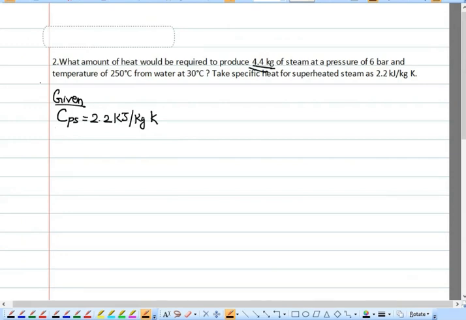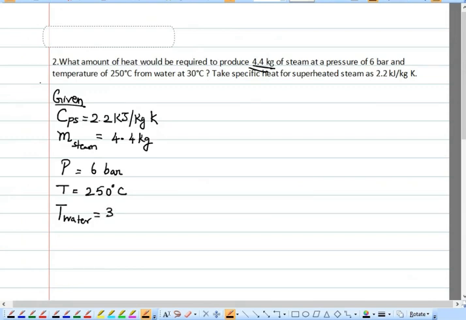So this is the mass of steam. The mass of the steam is equal to 4.4 kg. So this steam has to be produced at a pressure of 6 bar and a temperature of 250 degree Celsius. And the temperature of water is 30 degrees Celsius.